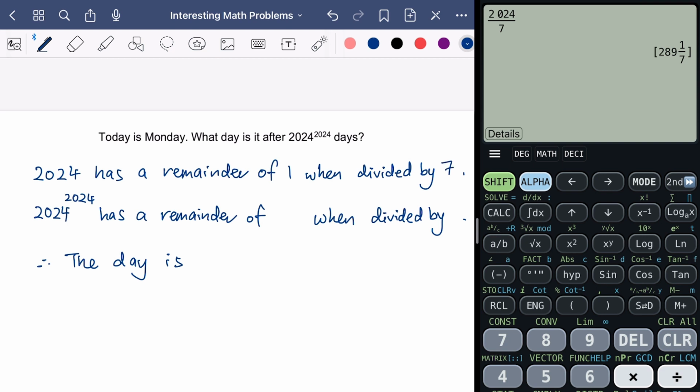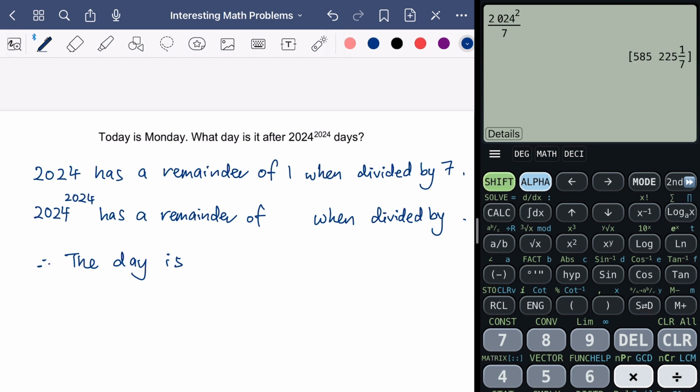Now next I want to generalize for 2024 to the power of 2024. And I think this number is going to be really huge, right? So I'm going to start by raising it to smaller powers first, right? First of all, I see this. Okay, and 2024 to the power of 2 divided by 7 is already quite a big number.